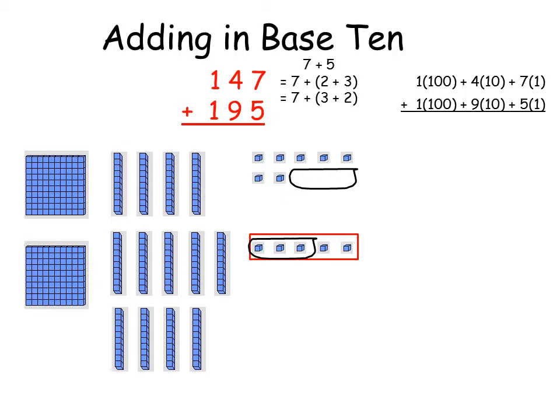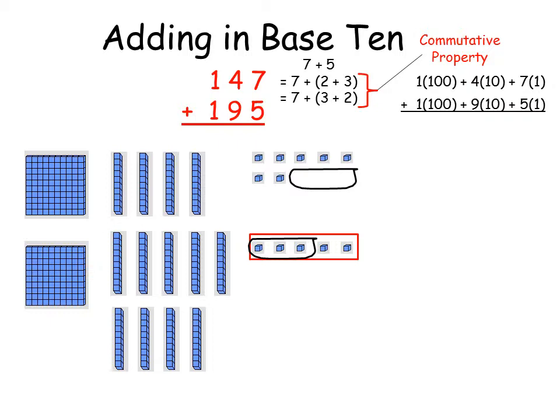I can also write that as 3 plus 2, and we know that to be the commutative property. I purposely used the commutative property here because I wanted to add the 3 with the 7. When I first started, with 7 plus the quantity 2 plus 3, my 3 was not next to my 7. So I used the commutative property to rewrite that as 7 plus the quantity 3 plus 2.